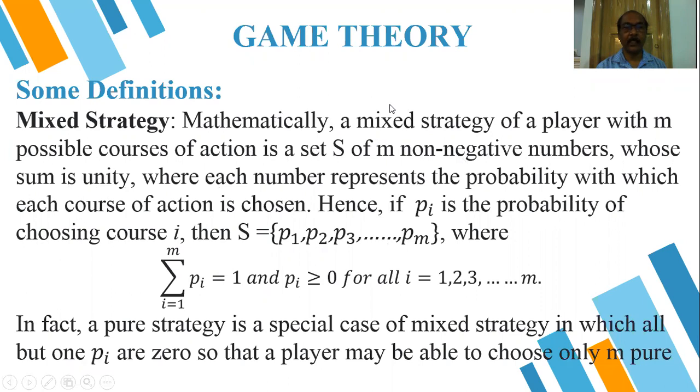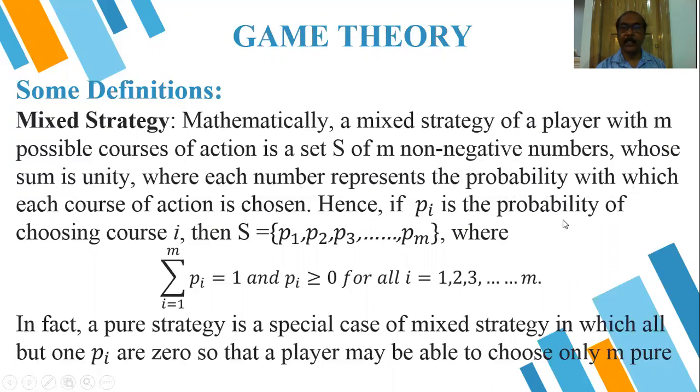Suppose for player A there are m courses of action: choosing the first course of action with probability P1, the second with probability P2, and the mth course of action with probability Pm. Since it is a probabilistic method, the sum of the probabilities will be 1, whose sum is unity, where each number represents the probability with which each course of action is chosen.